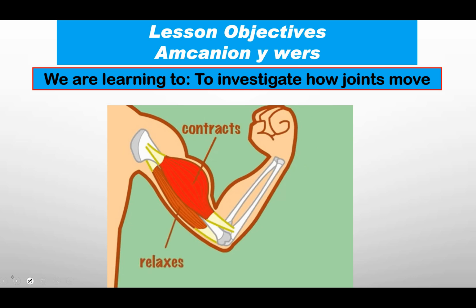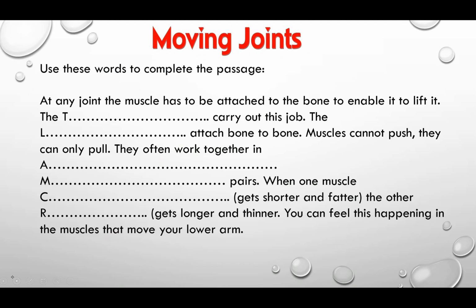So you've got a passage that you've got to fill in. At any joint, the muscle has to be attached to the bone to enable it to lift. The tendons carry out this job, and the ligaments attach the bone to the bone. Muscles cannot push, they can only pull, and they often work together in antagonistic pairs.